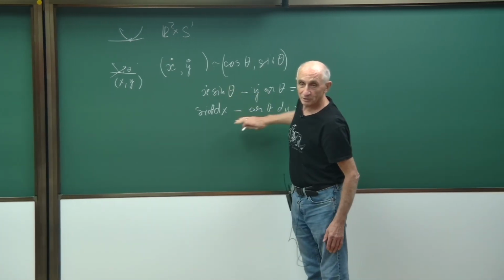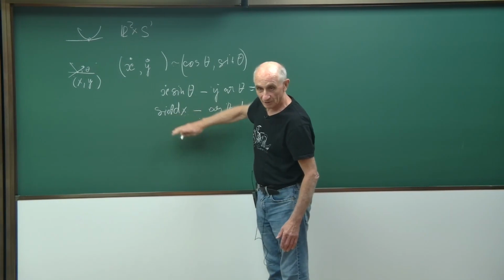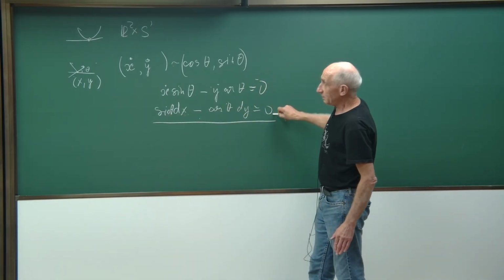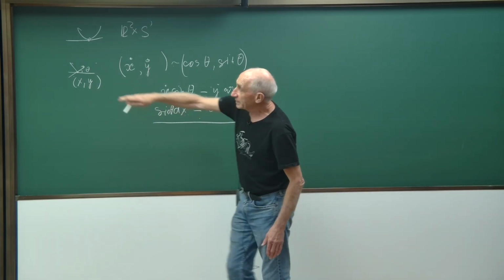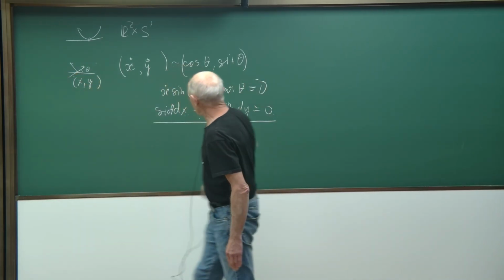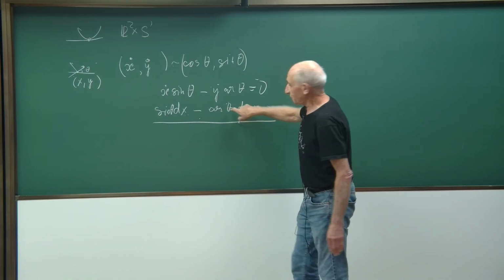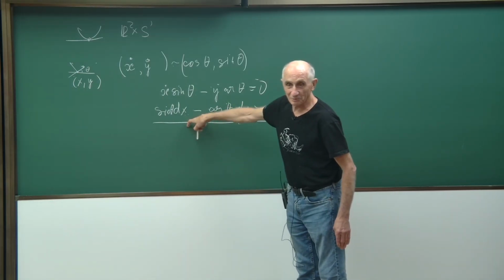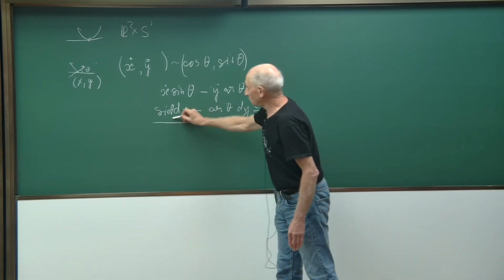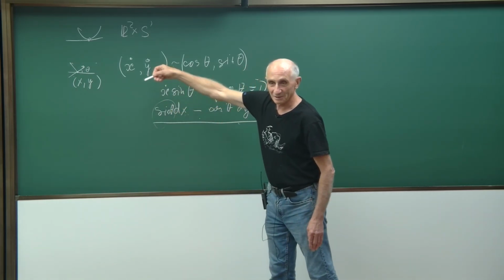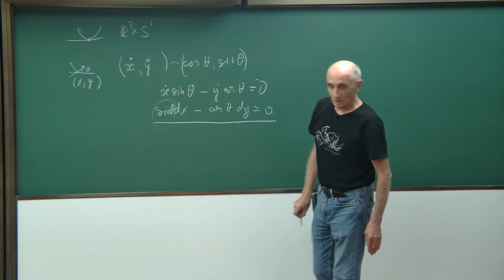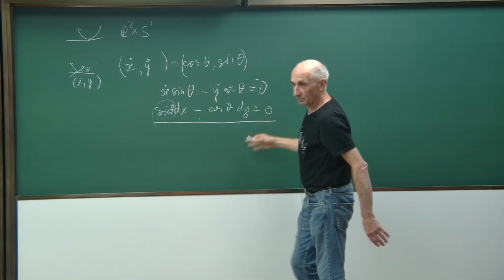And locally, it's in fact the same thing as before, because if cosine theta is not 0, you can divide and denote tangent theta by y, and then you get the same formula. Okay, so this is an example of a contact structure.